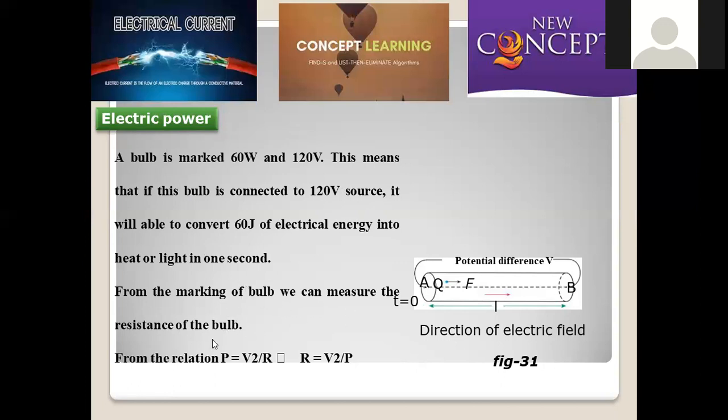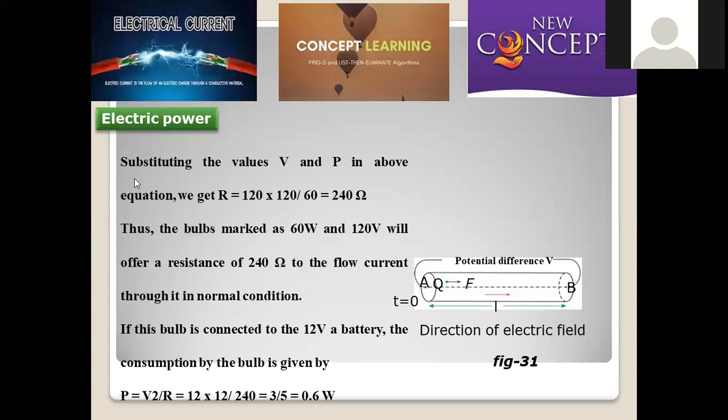From this marking of the bulb, we can measure the resistance. How can we measure it? There is a relation. Already power consumption is equal to V squared by R, where V is the potential difference and R is the resistance. Now, in order to get the resistance, R is equal to V squared by P can be taken. Substituting the values of voltage and power consumption, it is possible to get the R value.